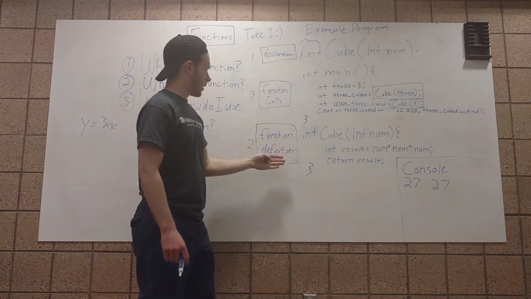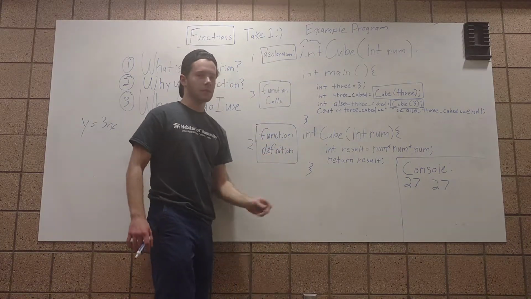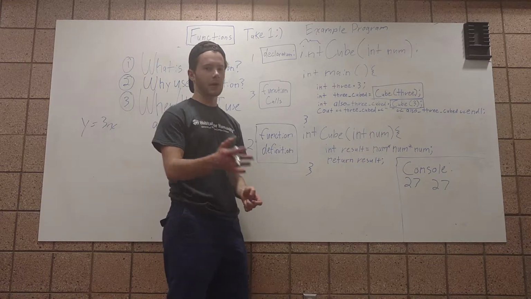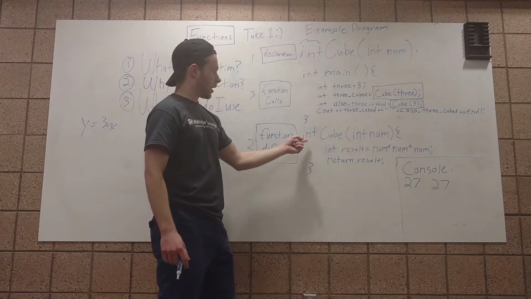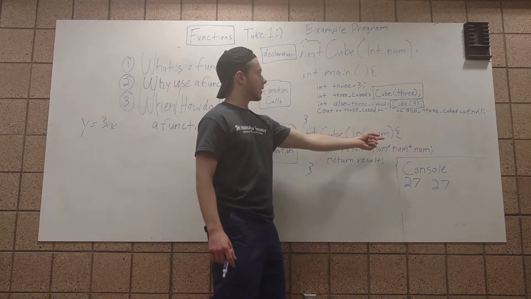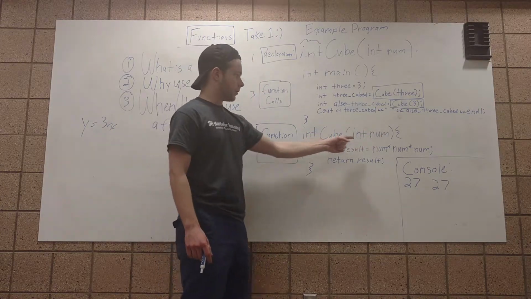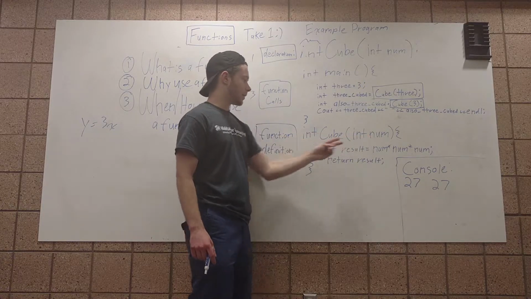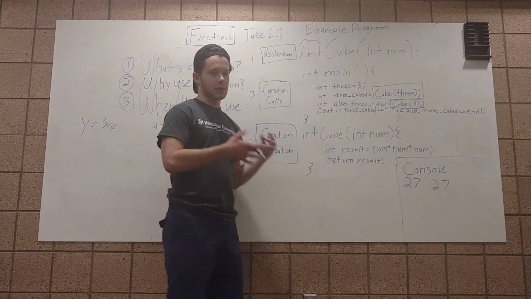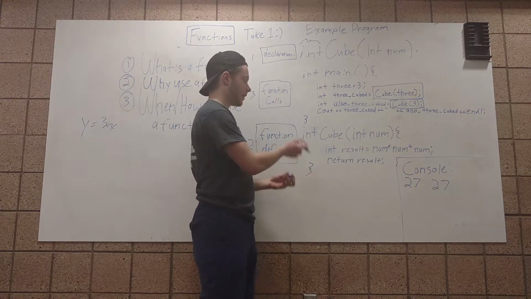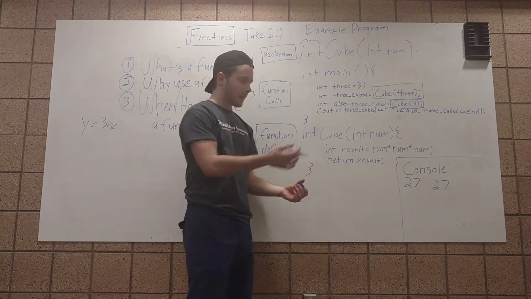So then we would go down here to our definition, which is defining what we want the function to do when we call it. So we have to rewrite basically the definition, int cube, and then int num. So this is the return type, name, and input parameter again, just letting the compiler know that this is the same function.